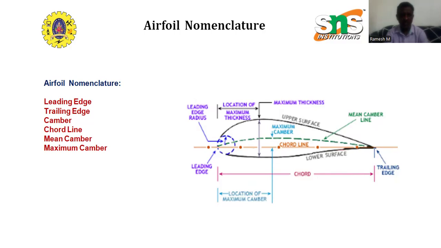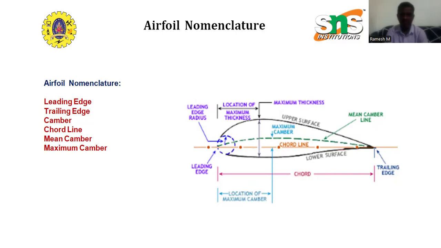And the cambered airfoil is an airfoil that has a curved shape, resulting in a difference in the curvature between its upper and lower surfaces. So lift generation varies with respect to the symmetric airfoil. Even at zero angle of attack, due to the camber, it produces lift.